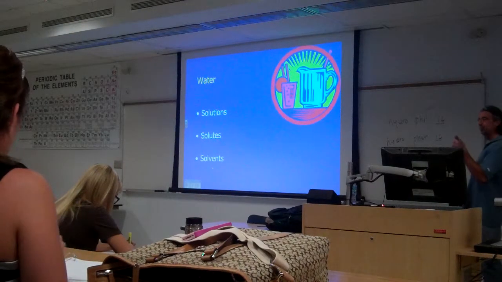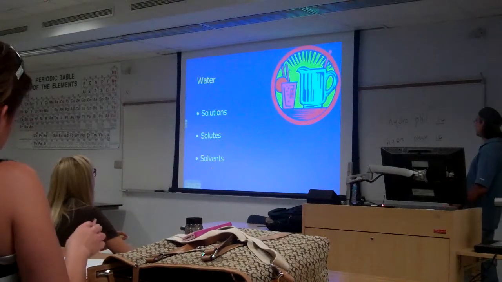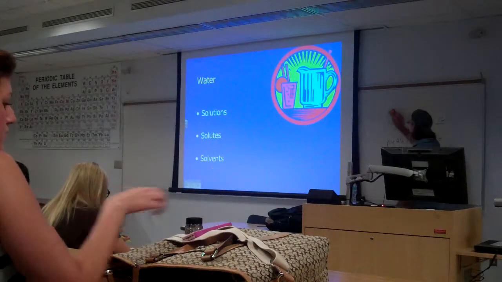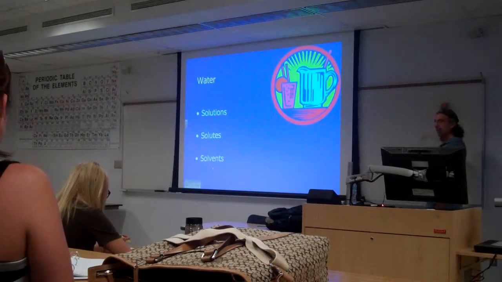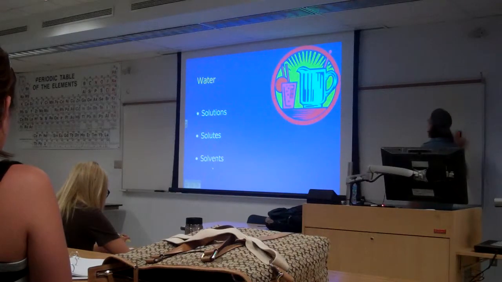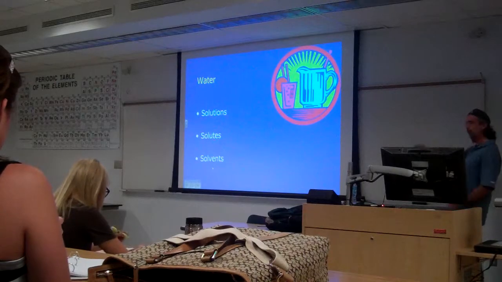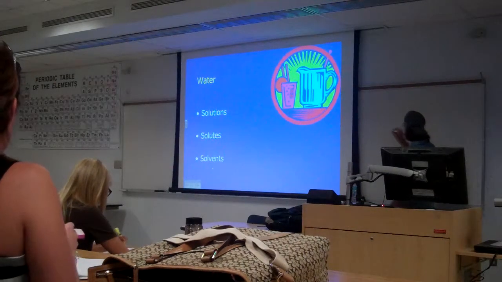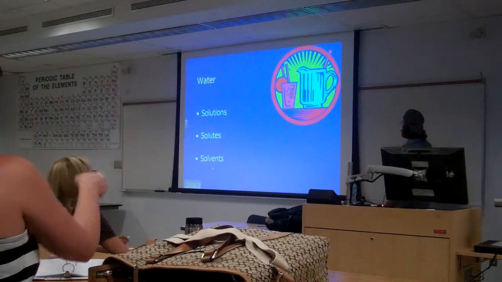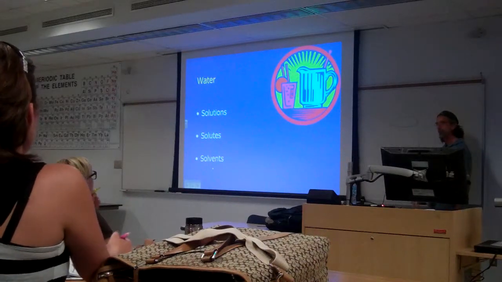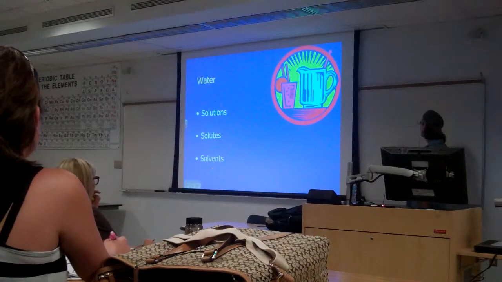We're going to do solutions, solutes, and solvents coming up next. You guys like Kool-Aid? I use Kool-Aid for my little water picture here. We're going to make Kool-Aid. What type of Kool-Aid do you like? Grape, cherry.